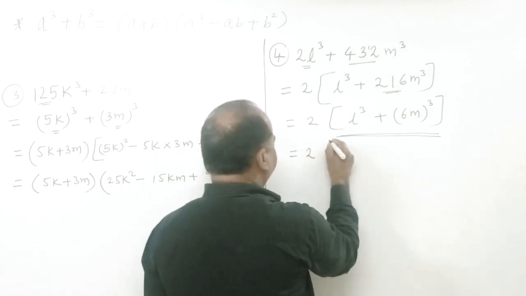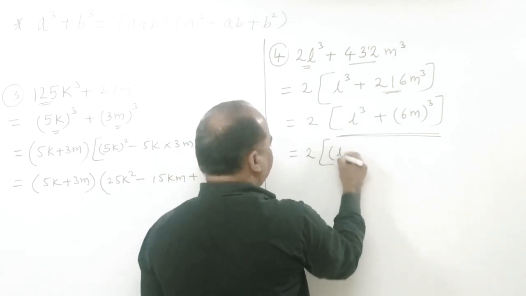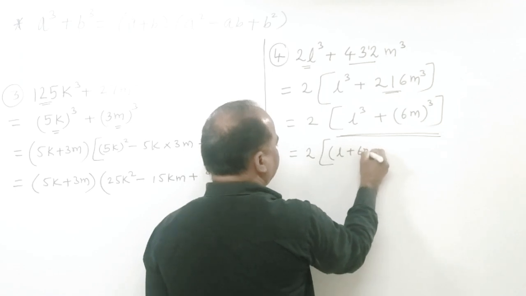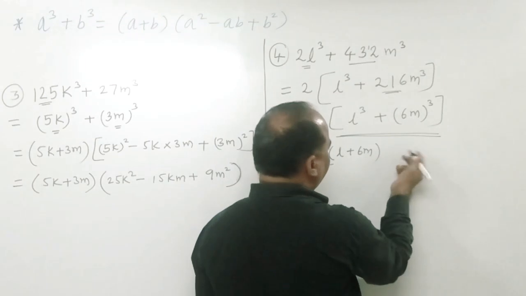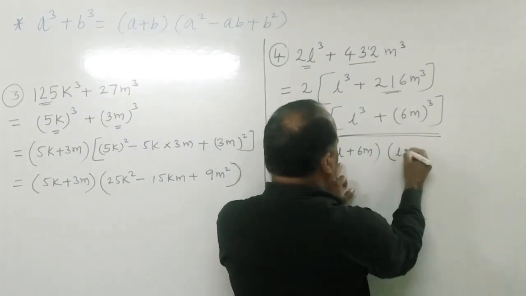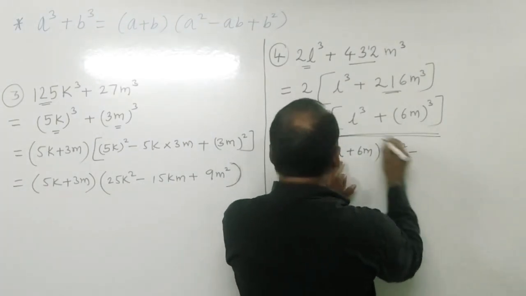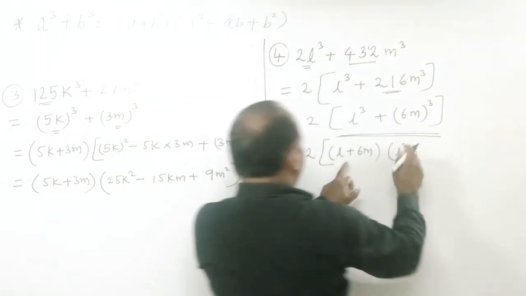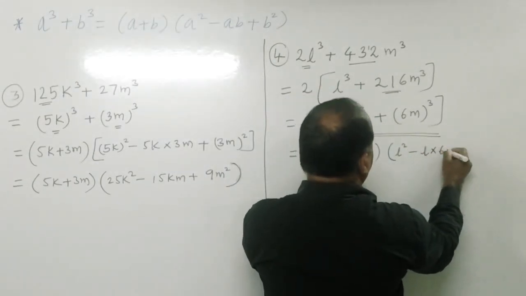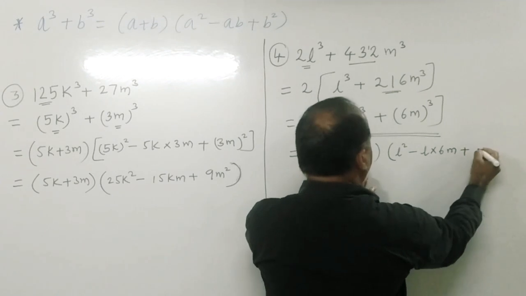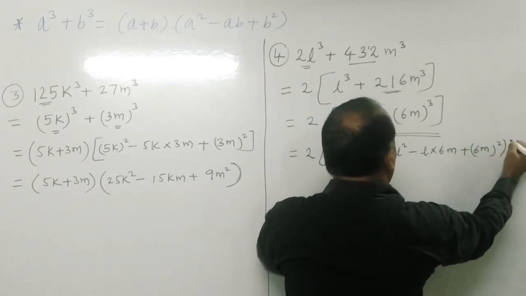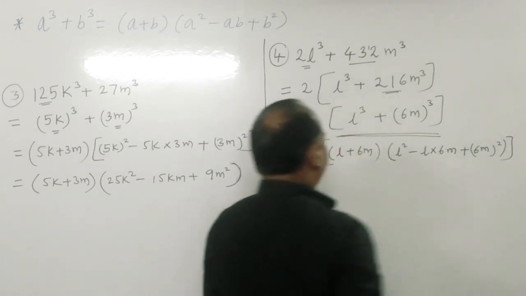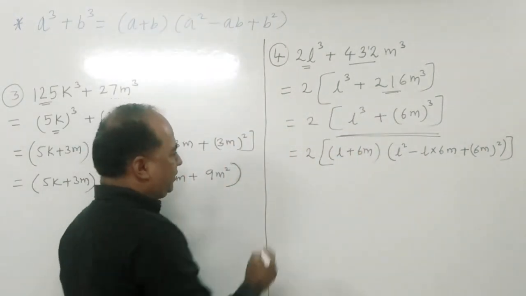So 2 into the first bracket l plus 6m, that is a plus b. From this bracket we get the second bracket. So first is l square, minus a into b, that is l into 6m, plus 6m bracket square. Close the bracket.